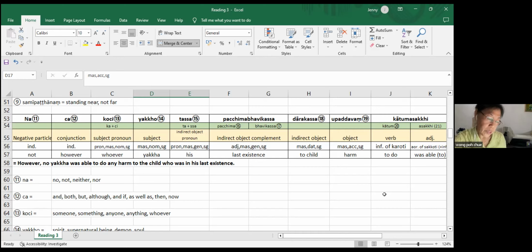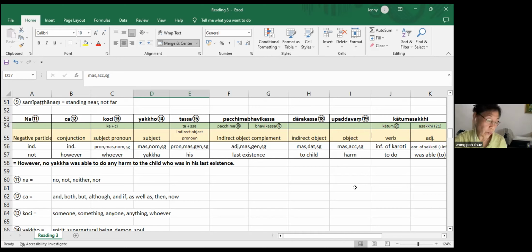Patum is an infinitive, it's indeclinable, it's a word to do, and asaki is a past tense of sakoti, means was able. And the whole sentence translation would be, however, no yaka, whoever was able to do any harm to the child who was in his last existence.